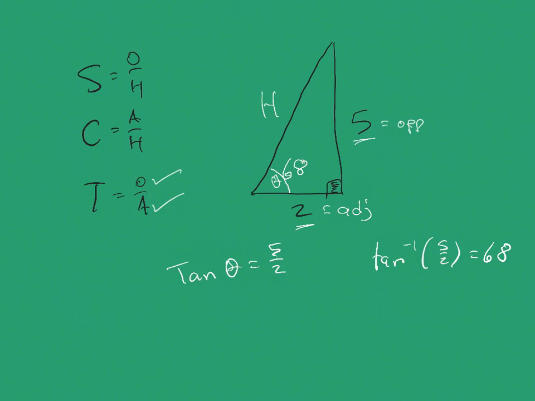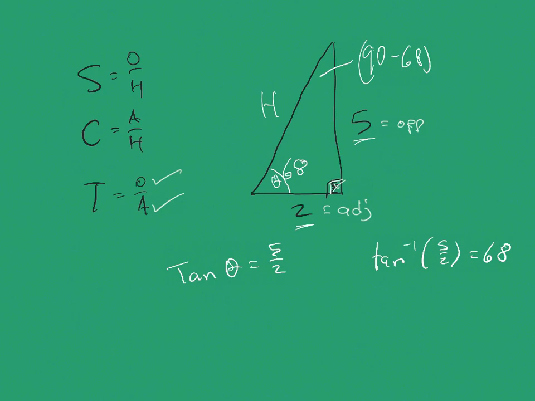So right off the bat, if I subtract out this 90 degrees down here, then that means this angle has to be 90 minus 68. Okay, so you can kind of do that in your head, right? Hopefully.